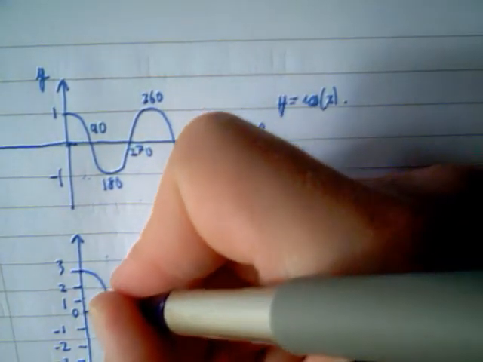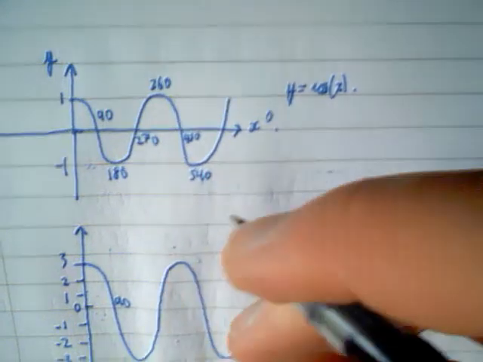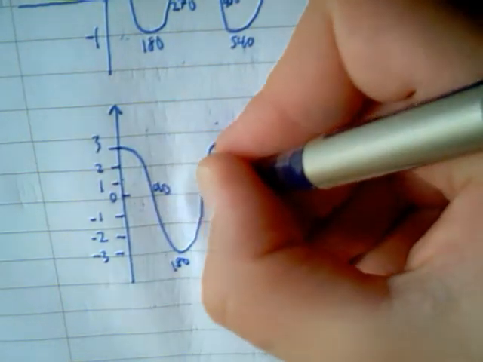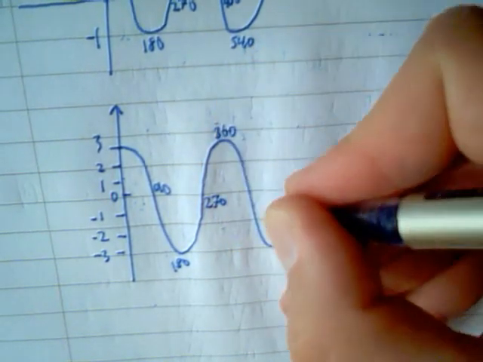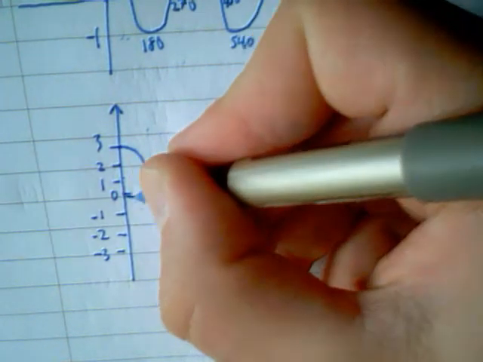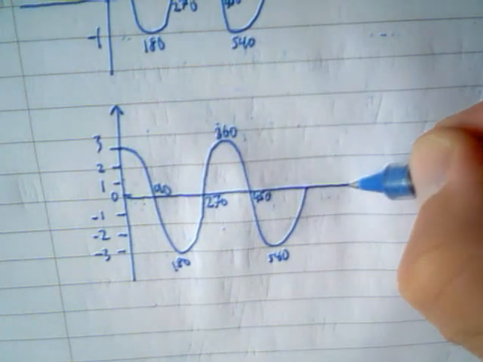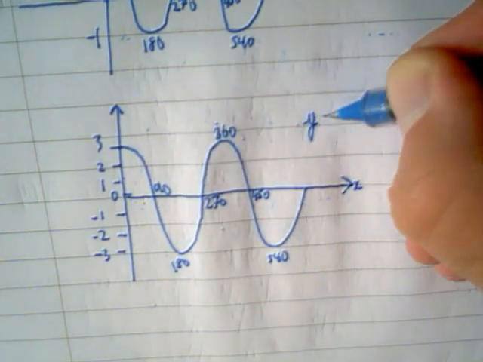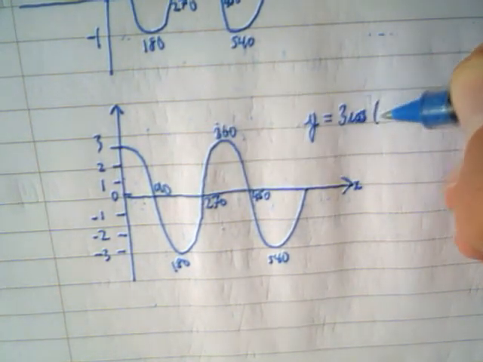This is going to be 90, 180, 270, 360, 450, 540, and this is y equals 3 cos x.